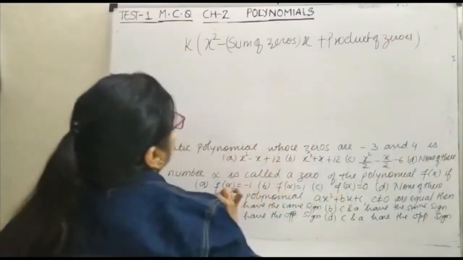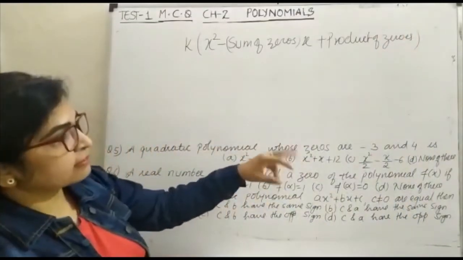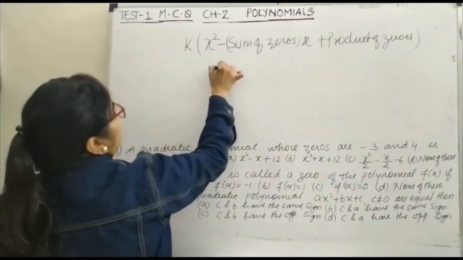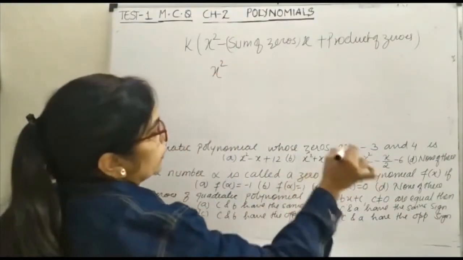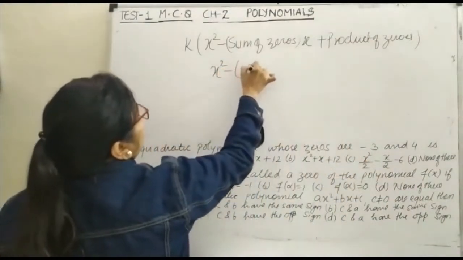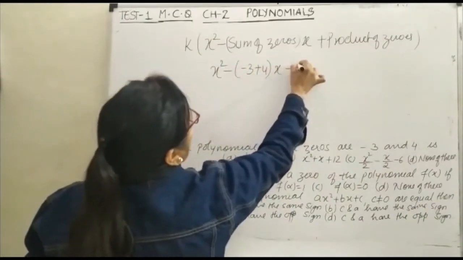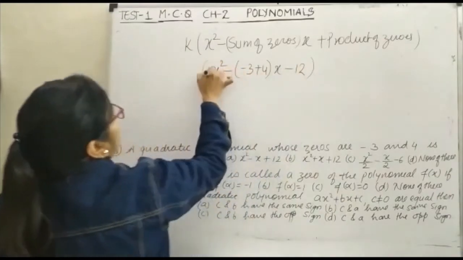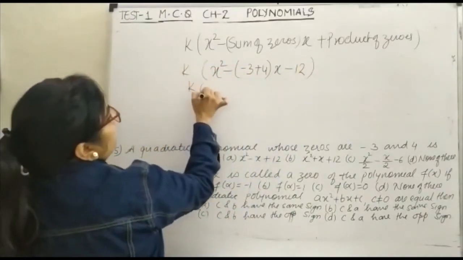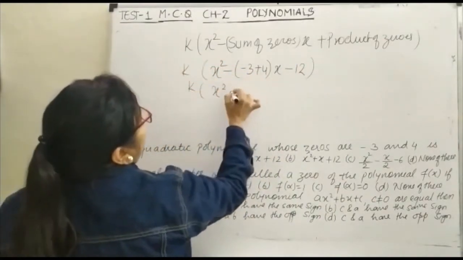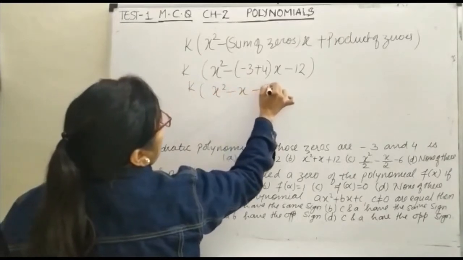Now let us see here, it is -3 and 4. So it will be x square, and when you add -3 plus 4 you get 1x, and -3 into 4 is -12. So this is k, and here it is x square minus x minus 12.